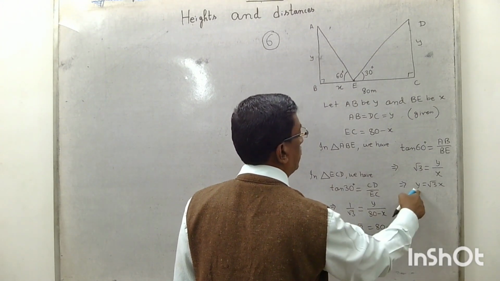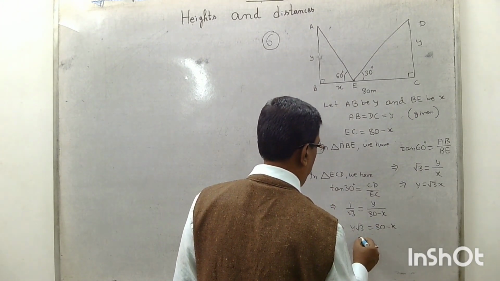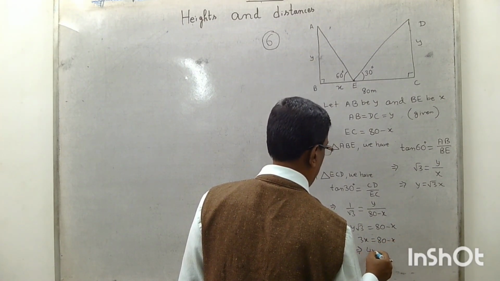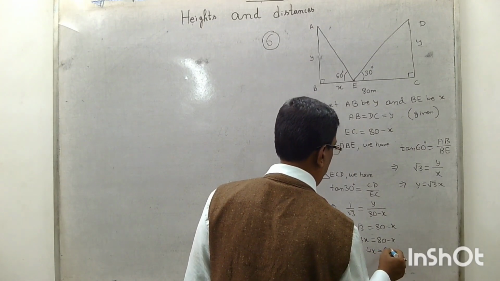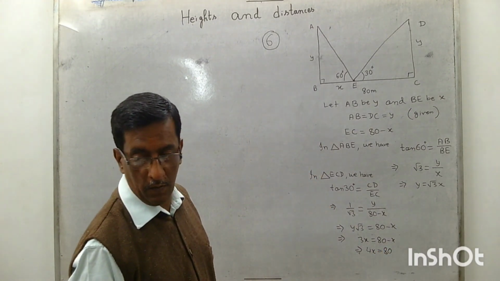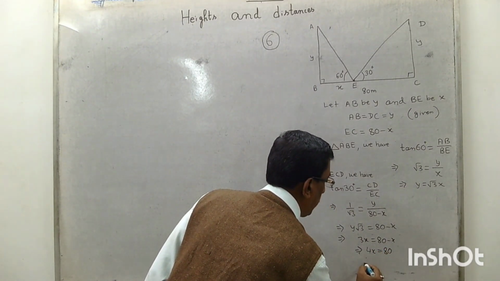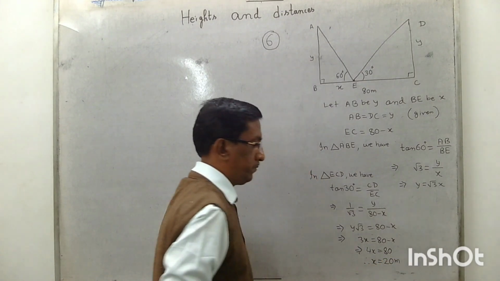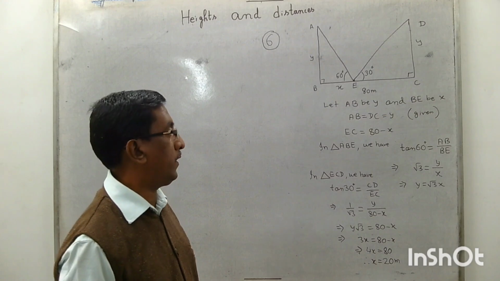Now we can take this value of Y, it will be 3x equals 80 minus X. So 4x equals 80. Therefore x equals 20 meter.